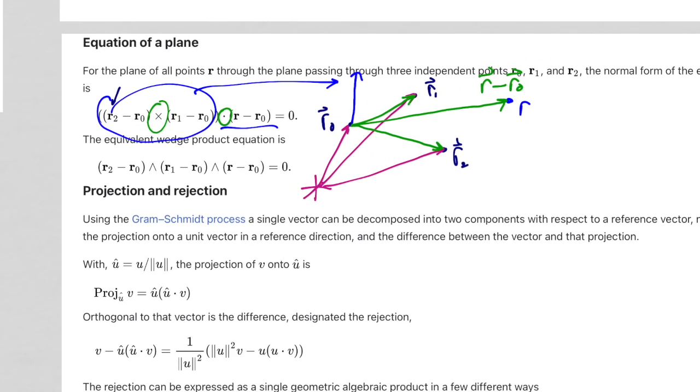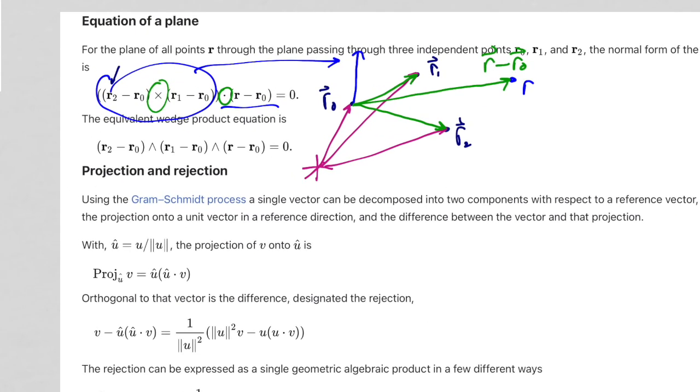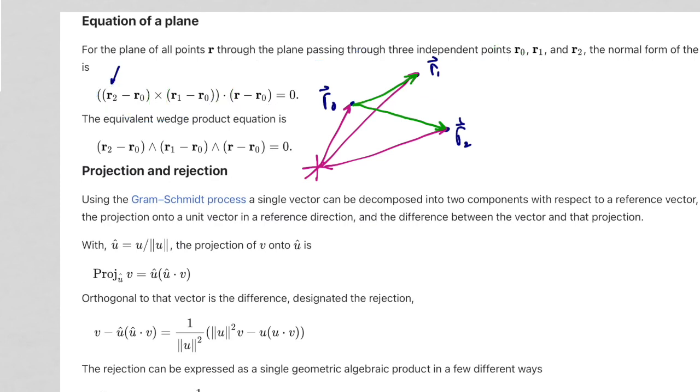Now, in geometric algebra, it looks slightly different. We reconstruct the same two difference vectors, right? These two here match those two, but now we create a bivector. We don't create a cross product vector, we create a bivector. So we actually create this little plane element that has its orientation.